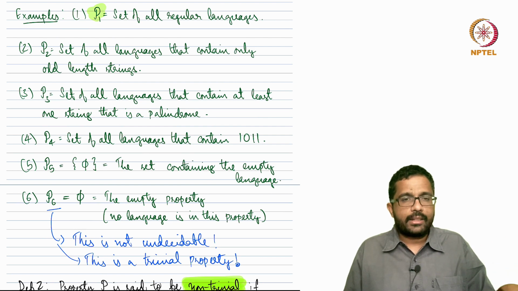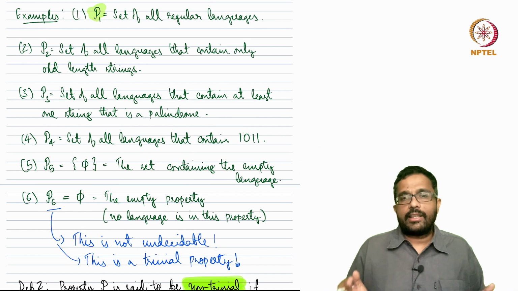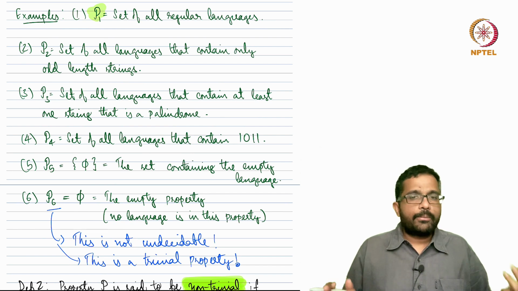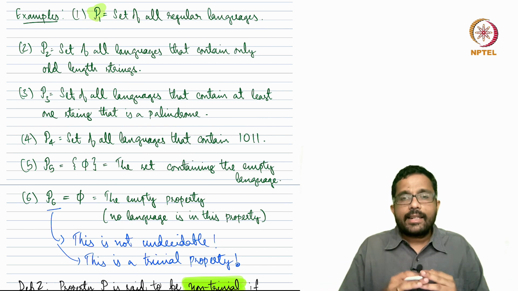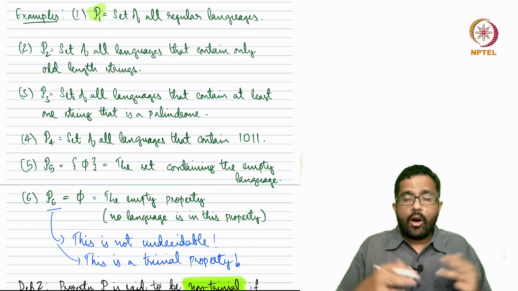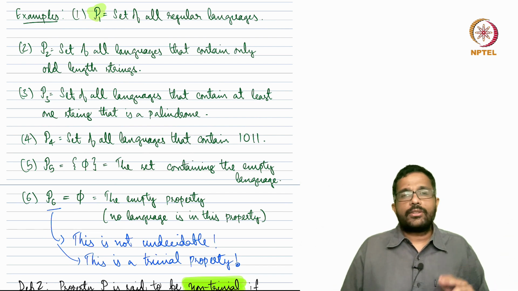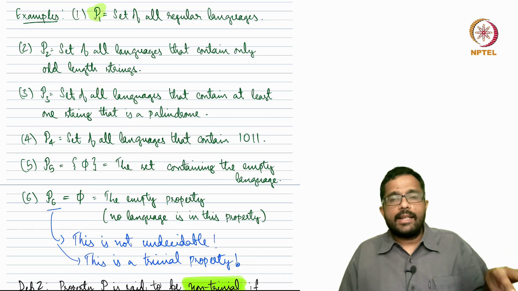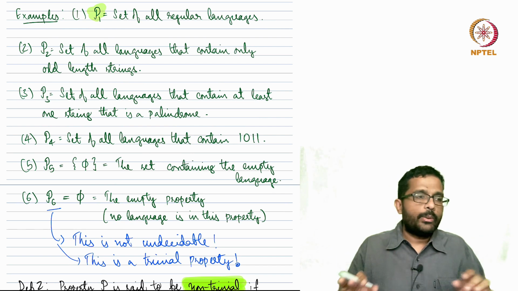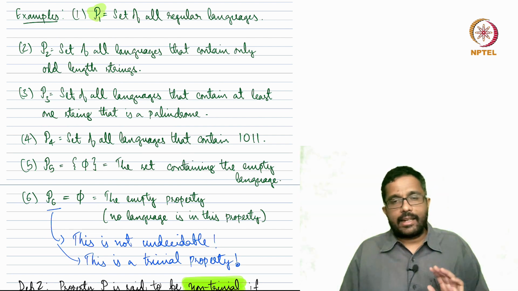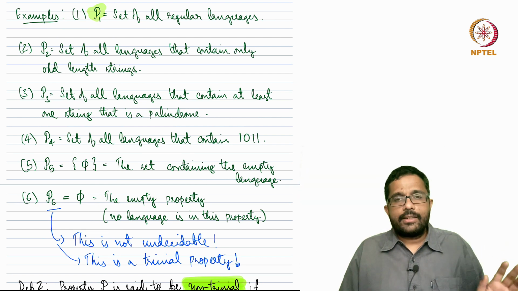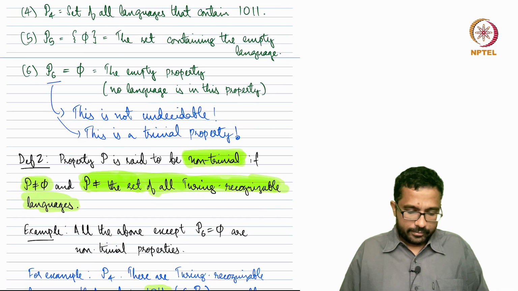One is the empty property and the other is the set of all Turing recognizable languages. The empty property is not satisfied by any Turing machine, whereas the set of all Turing recognizable languages is satisfied by all the Turing machines. So one is always no, one is always yes. Apart from this, any other property in between that excludes at least one language and includes at least one language, all of this is undecidable.